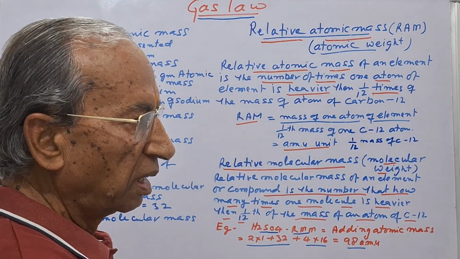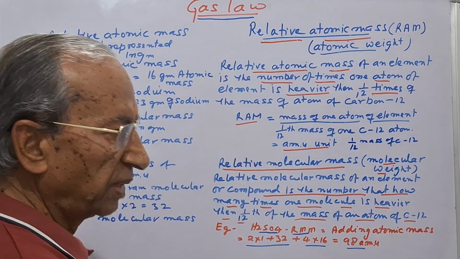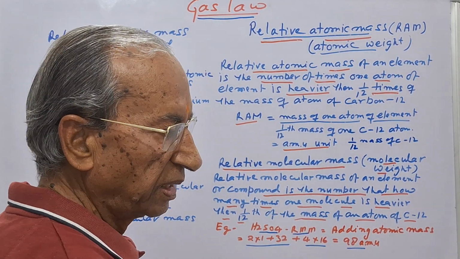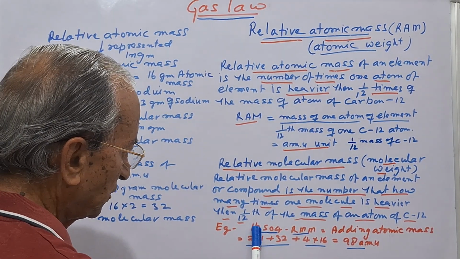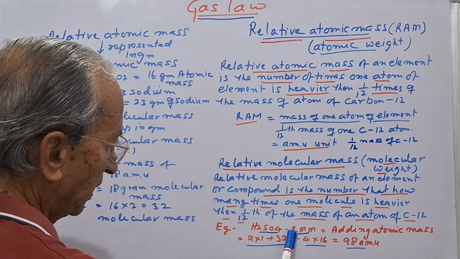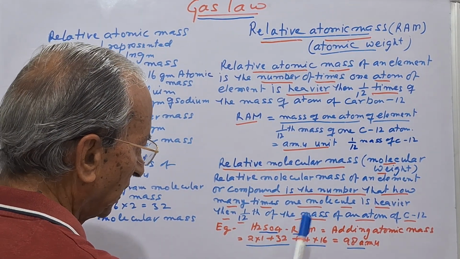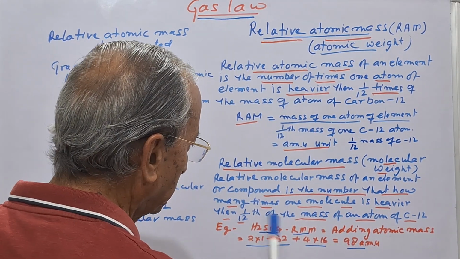Now, how do you calculate the molecular mass? Molecular mass means the mass of the molecule. Take the example of H2SO4, that is sulfuric acid. Here the relative molecular mass you can find out by adding the atomic masses of the different atoms.